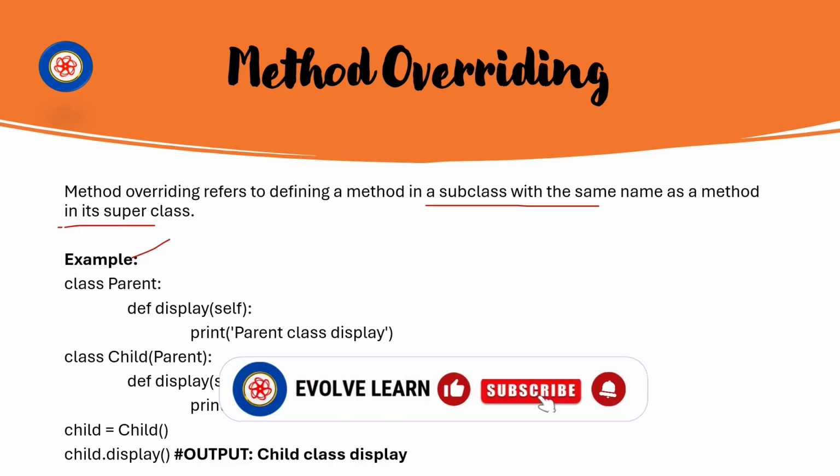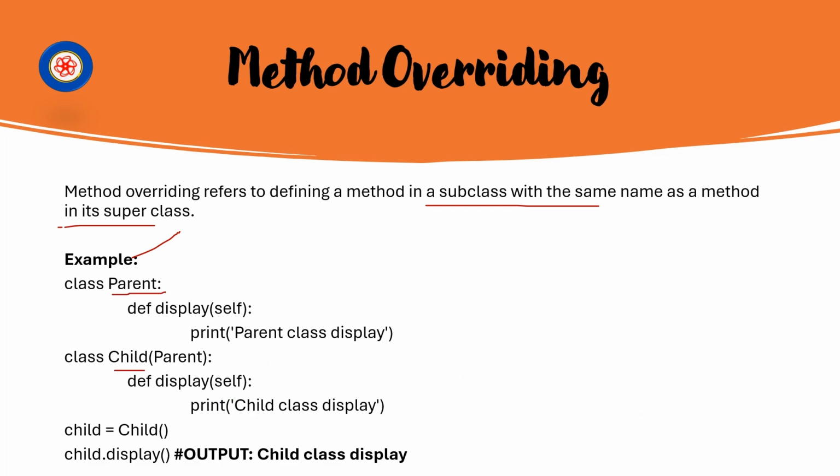Coming to this example, Parent is the superclass and Child is the subclass. As per the definition, it is a method in a subclass with the same name as a method in its superclass and also having the same parameters as the one in the superclass.